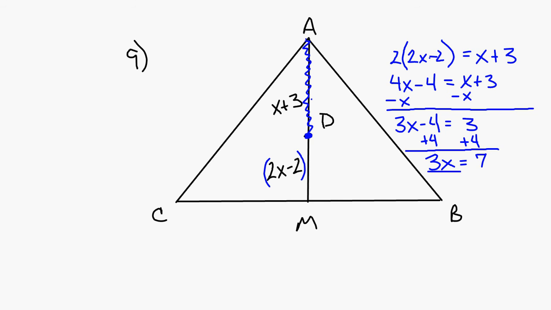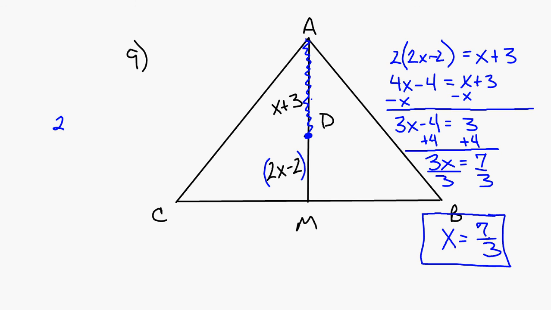And if you divide it by 3, then x equals 7/3. Find A to M. They want the entire distance. So you got to substitute. If you substitute this x value right here, you can do 2 times 7/3 minus 2.